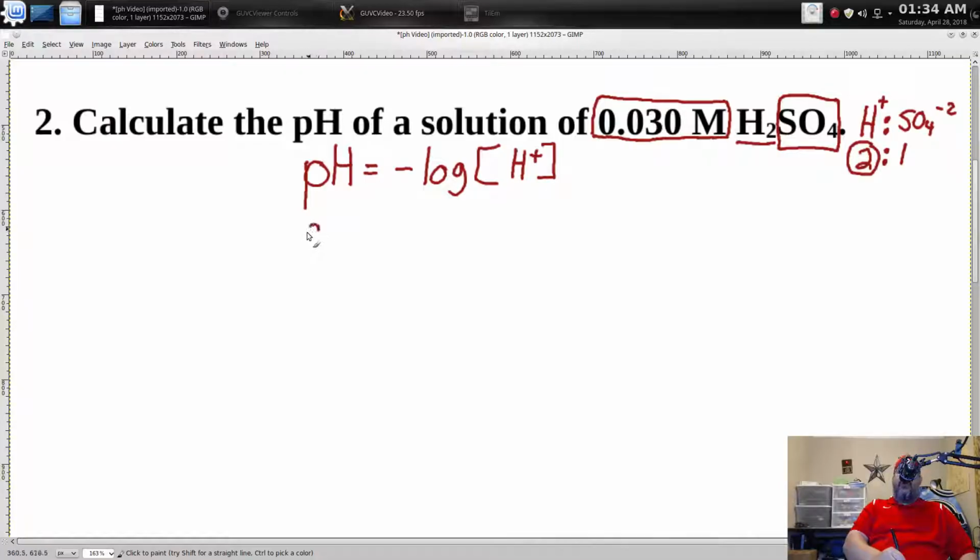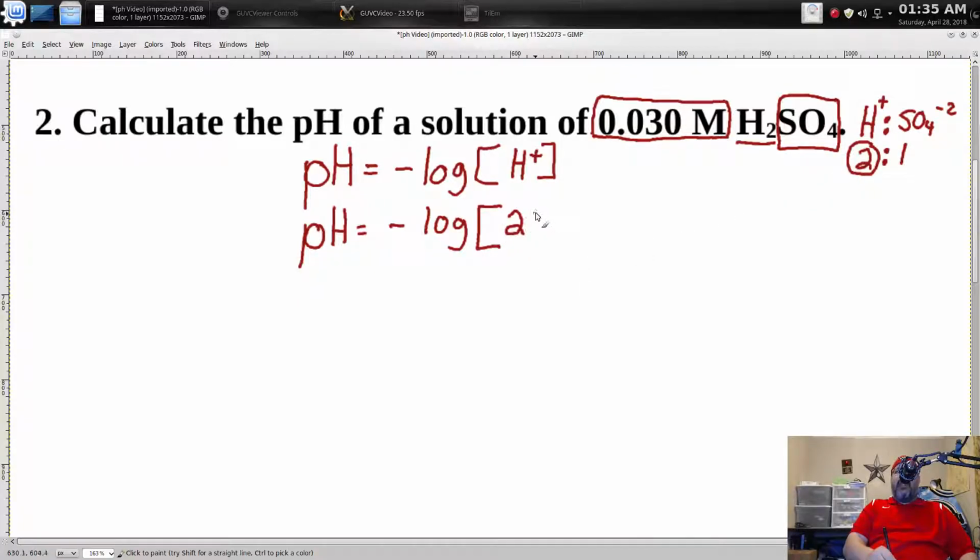So watch. You have the pH equals the negative log of the hydrogen ion concentration. Now we've got 2 hydrogen ions here, not just one, but 2.